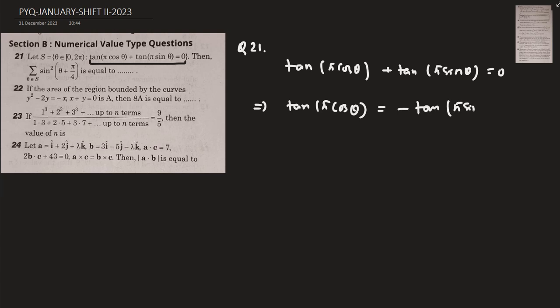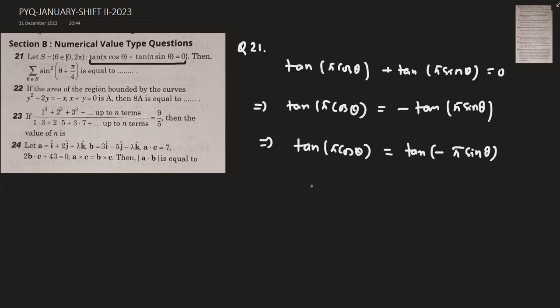So now here it will be tan(pi cos theta) equals tan of minus pi sin theta, where I write the minus sign inside.